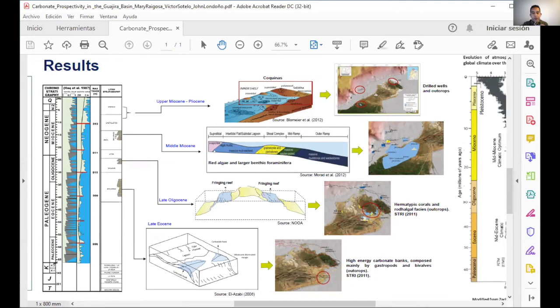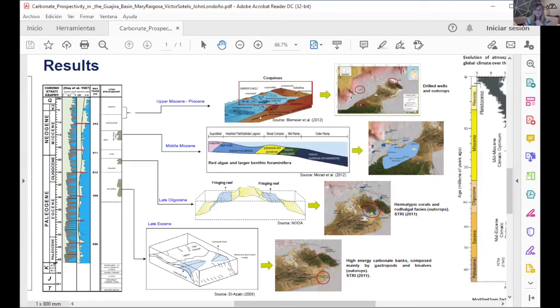The gas field was a discovery made in the 70s by Texaco, and this ramp is dominated by larger benthic foraminifera, and the platform development coincides in age with a global warming. Most of the ramp is in the onshore zone and covers around 2,700 square kilometers in area.